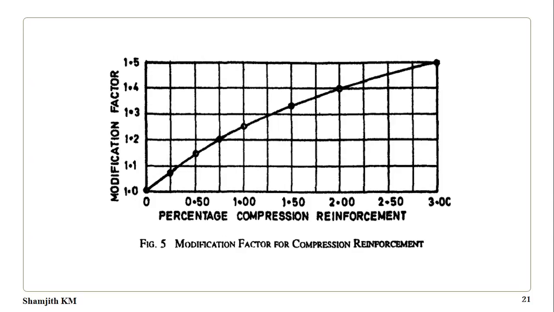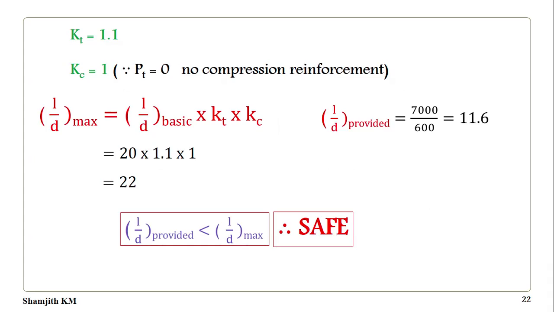Note that for singly reinforced beams, the modification factor in compression reinforcement, or Kc, is taken as 1. So Kt is 1.1, the modification factor in tension, and Kc equal to 1, the modification factor in compression.